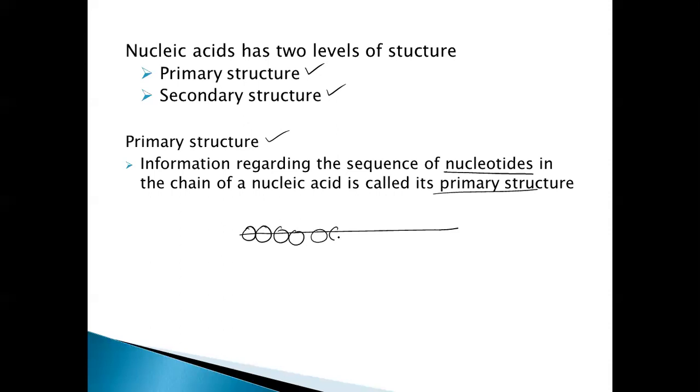The sequence of these nucleotides is nothing but the primary structure, how these nucleotides are arranged, right? So the DNA or RNA is very different for different human beings or different beings here. So the sequence of these nucleotides is different for different beings. So this sequence actually forms the primary structure.